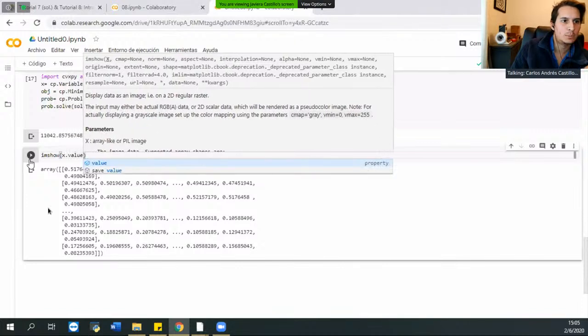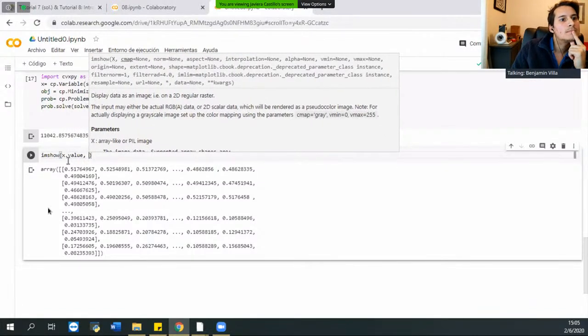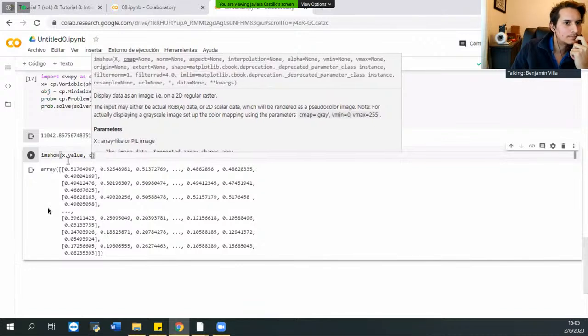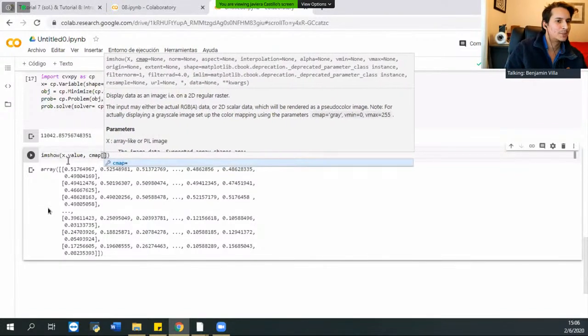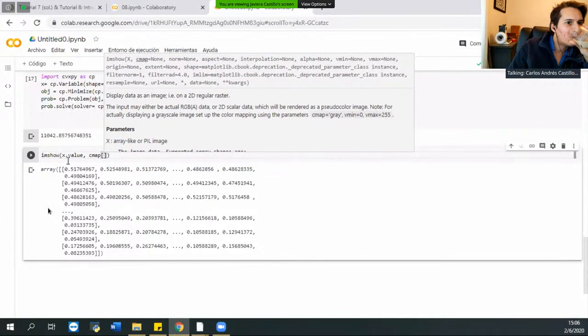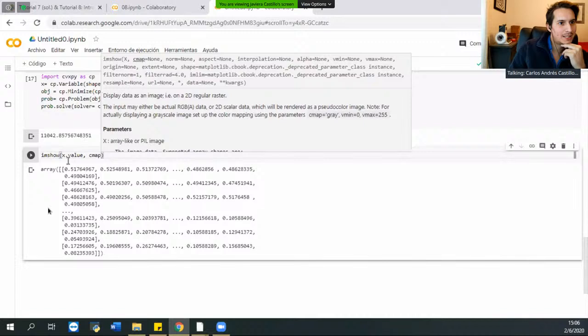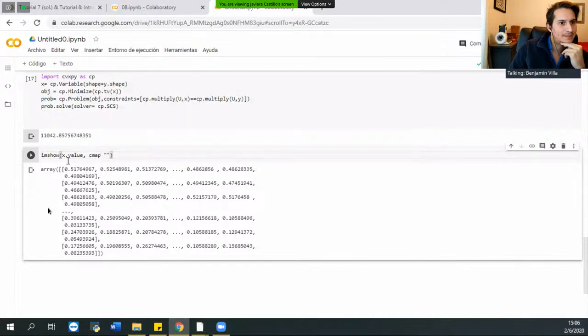And then you need to put comma, cmap. cmap igual entre comillas. Estoy haciendo el gesto con las manos, comillas. No corchete, comillas. Remove the square brackets. You need to define cmap es igual a entre comillas gray.